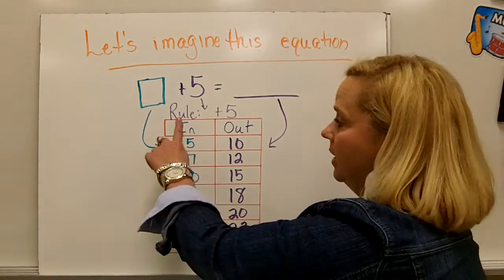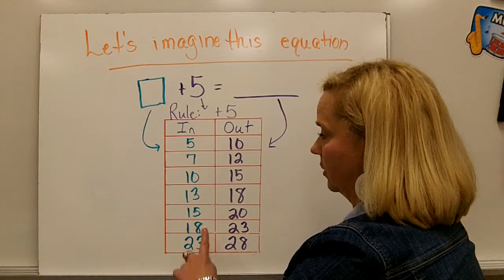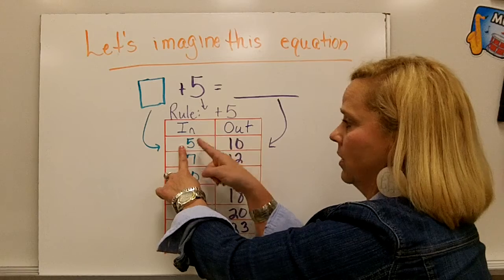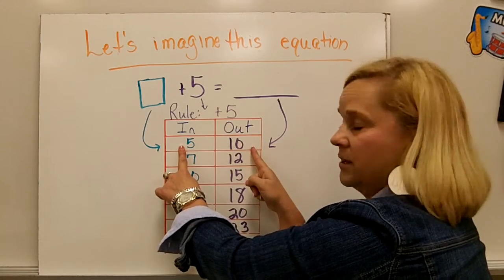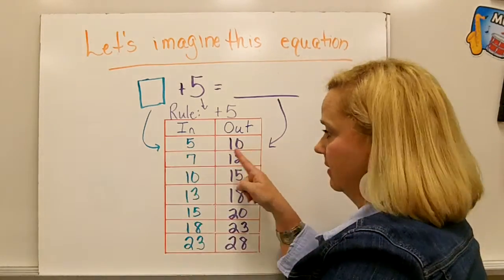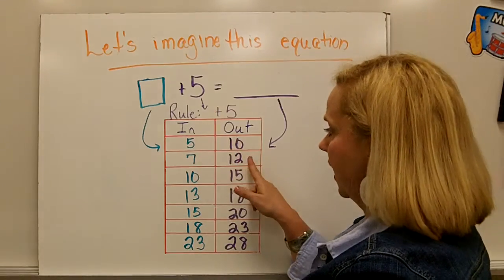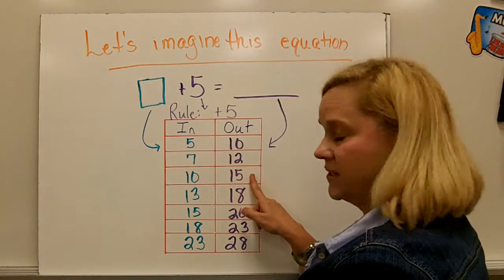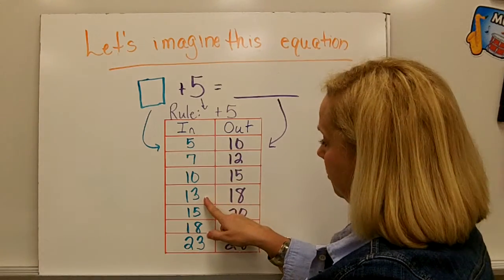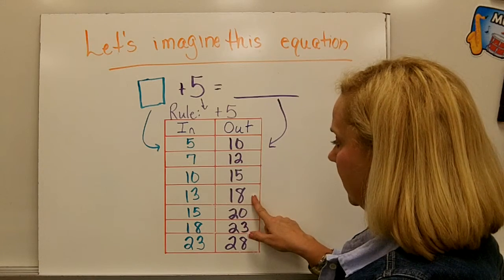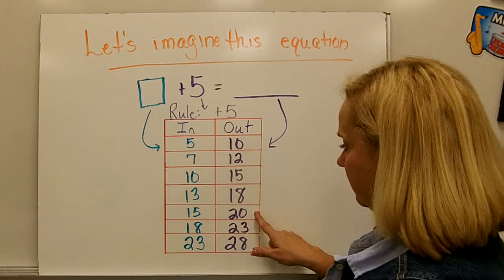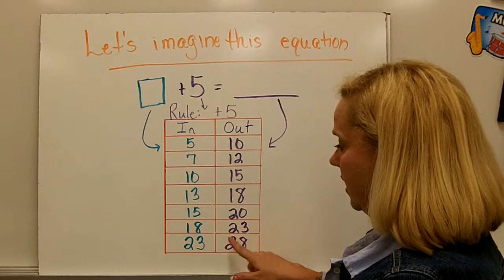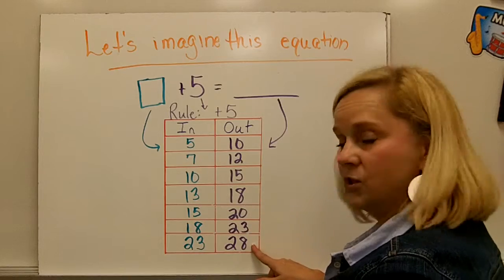So I want you to look here. I've already filled this in. And all of these are my input numbers. If I put 5 into this function machine, and then I use my rule, 5 plus 5, my output number is 10. 7 plus 5 is 12. 10 plus 5 is 15. 13 plus 5 is 18. 15 plus 5 is 20. 18 plus 5 is 23, and 23 plus 5 is 28.